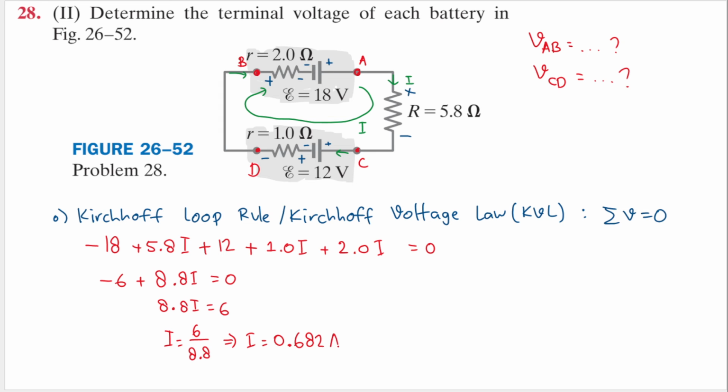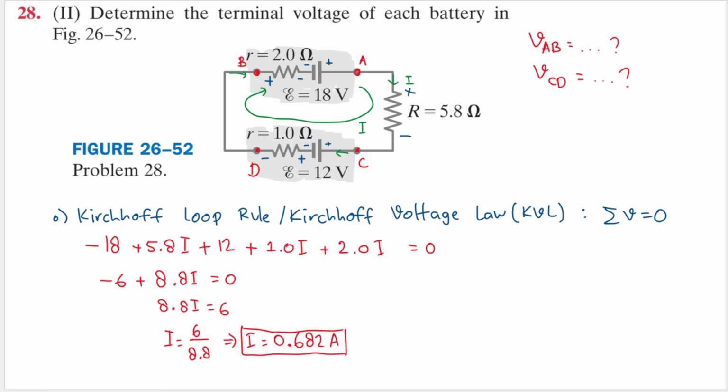And the unit here will be ampere. So this is one of the important values from here. But the question is not asking us about this current, but VAB and VCD. Okay, let's do exactly that.